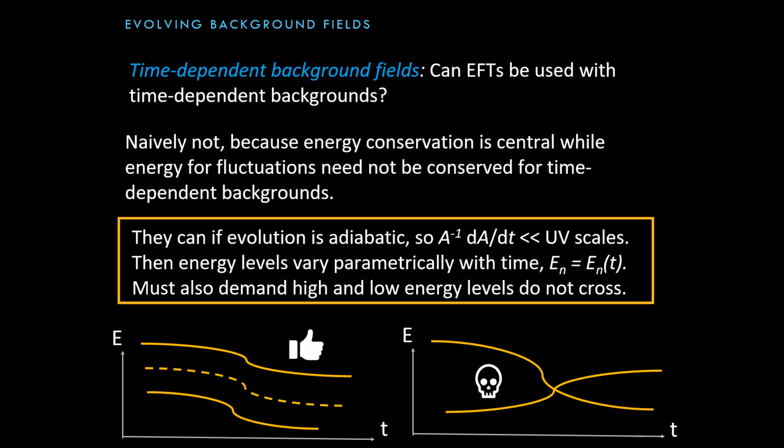And because it's slow, you don't get transitions between energy levels, because the frequency of the time evolution of the background is slow enough that you're never getting enough energy to promote yourself from a low energy state to a high energy state that you've integrated out. So in that kind of situation, where the energy levels are all evolving along, if you start off in an approximate energy level, you'll stay in it, but the actual energy might evolve in time due to the adiabatic motion.